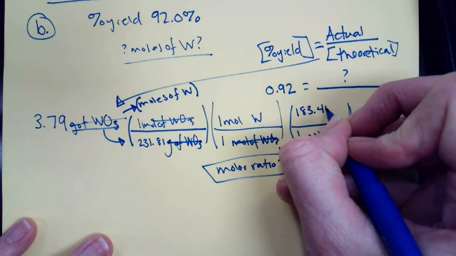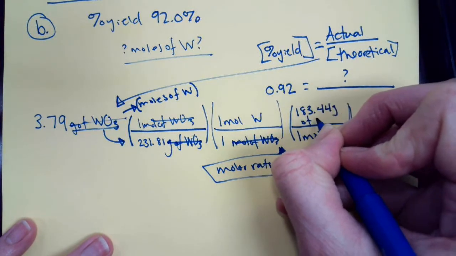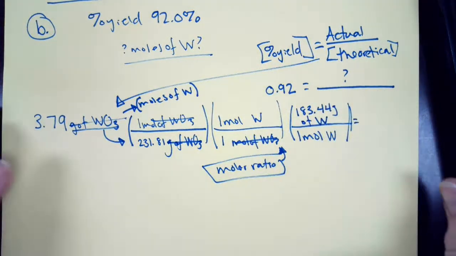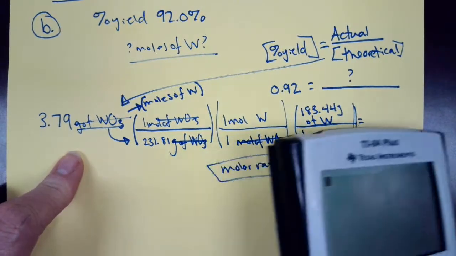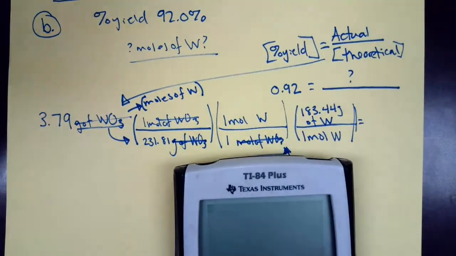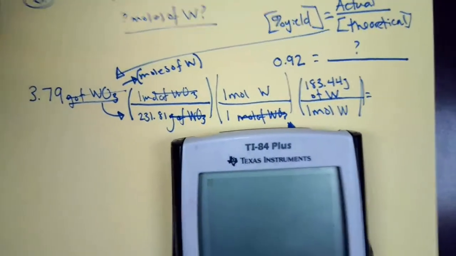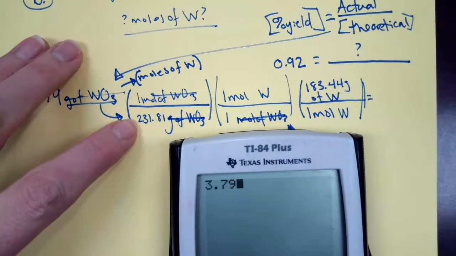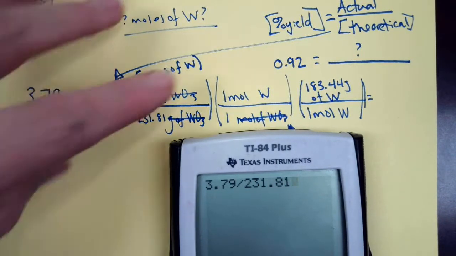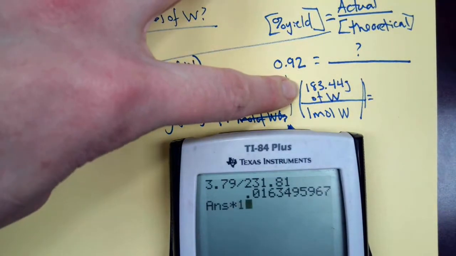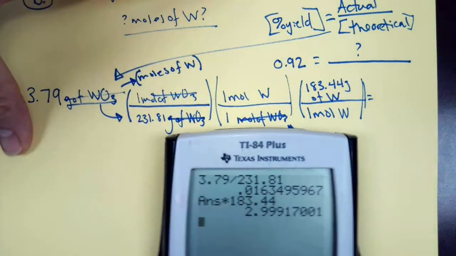So 183.44 grams of tungsten. Just type it in your calculator. 3.79 divided by 231.81 times 183.44.